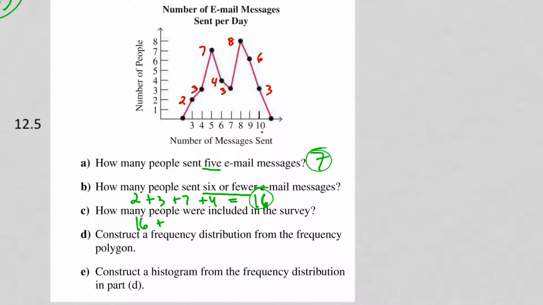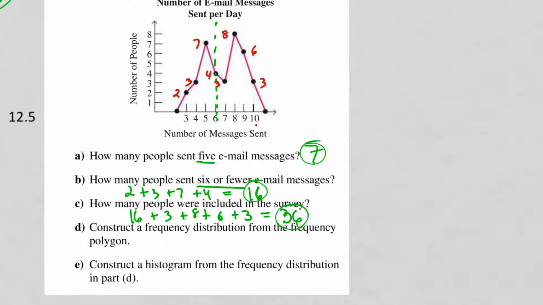Then we're going to add up the other numbers: 3 plus 8 plus 6 plus 3. So that's going to equal 36.